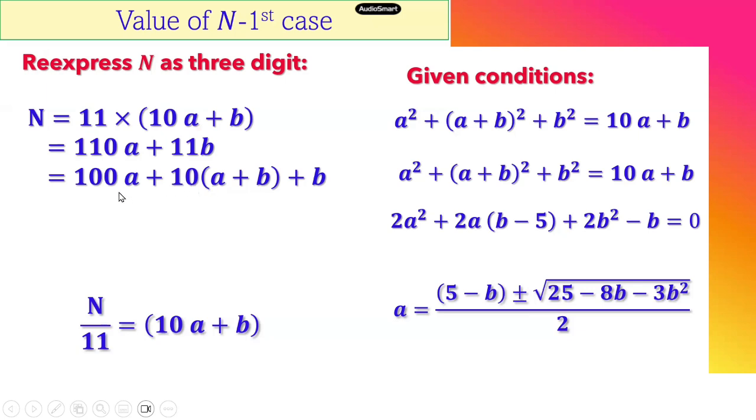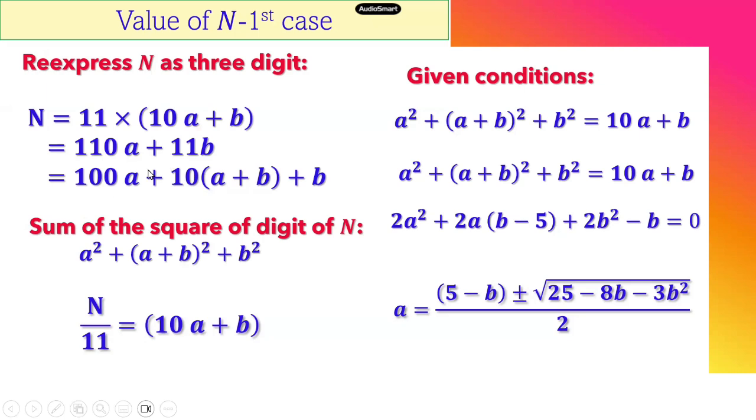By the conditions, the sum of the squares will be a squared plus (a plus b) whole squared plus b squared. And n over 11 will be 10a plus b. So by the given condition, a squared plus (a plus b) whole squared plus b squared equals 10a plus b.